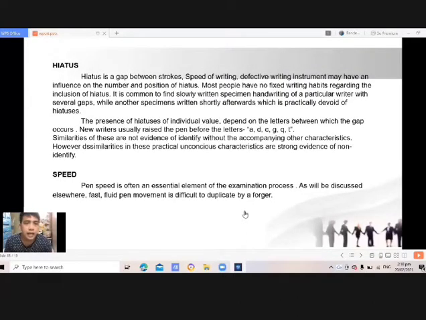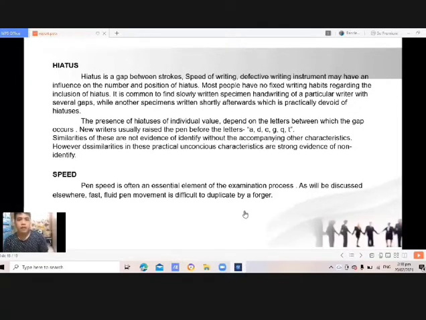Ito, yung hiatus. Hiatus is a gap between strokes. Speed of writing and a defective writing instrument may have an influence on the number and position of hiatus. Most people have no fixed writing habits regarding the inclusion of hiatus.